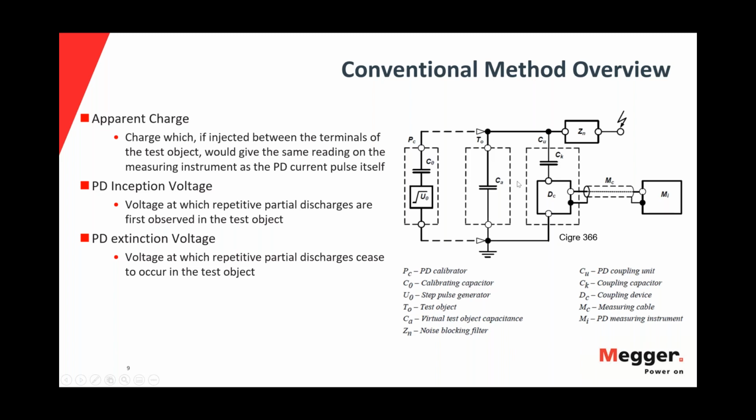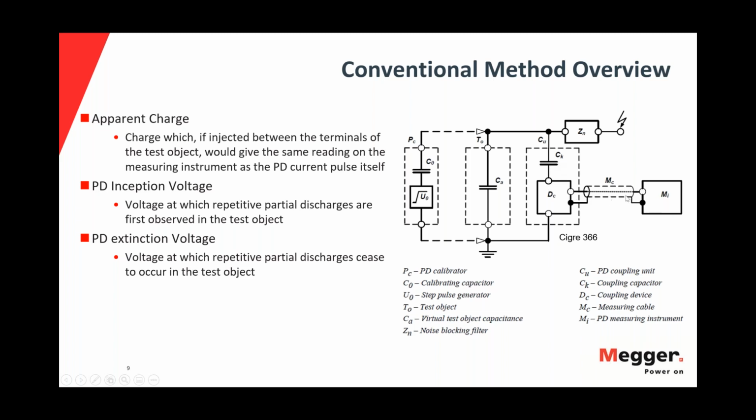So CA is your object being measured, and CK is your coupling capacitor. Always in conventional direct measurement method, a coupling capacitor is needed along with a measuring impedance to decouple and measure the value of the PD pulses.